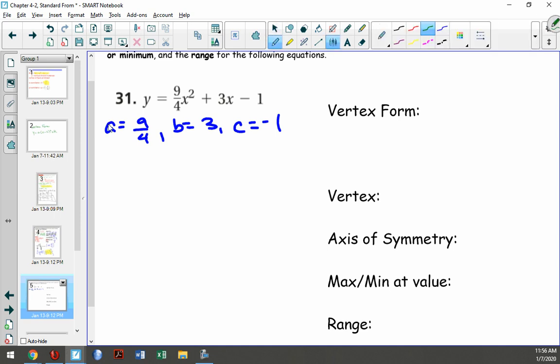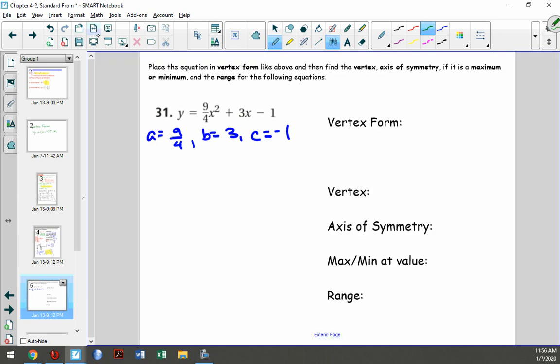Why do you say I have a max? It's positive, so it's opening up and I have a minimum. So since my A value is positive, I have a minimum value. Do we all understand that?